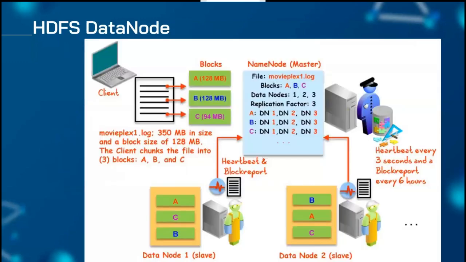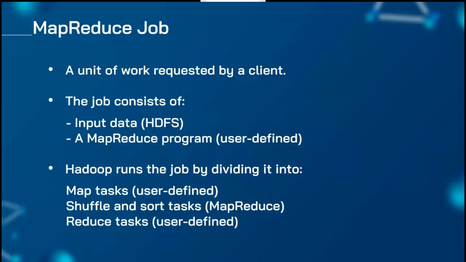And let's move to MapReduce. It is a core Hadoop ecosystem component which provides data processing. It is a software framework for easily writing applications that process big amounts of structured and unstructured data stored in the Hadoop Distributed File System, HDFS.